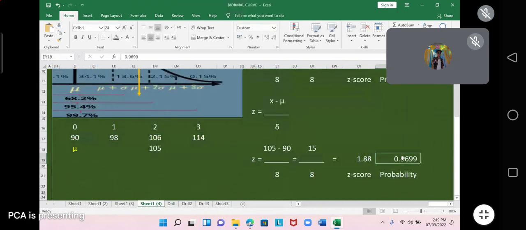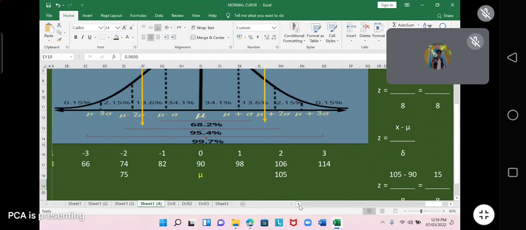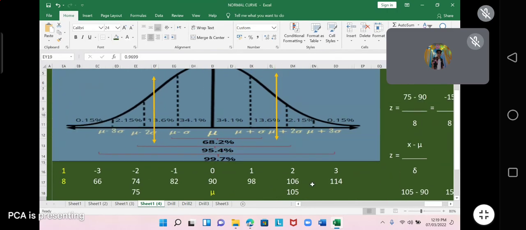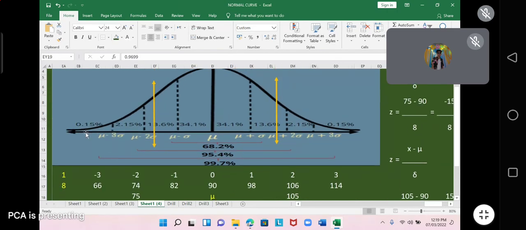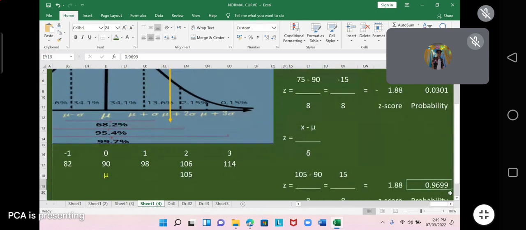this one, no? 0.9699. And then, why do we need to actually deduct? What do we need to actually deduct, no? This area, we don't need this. Remember, this area to there, this yellow division, is area that is 0.9699.